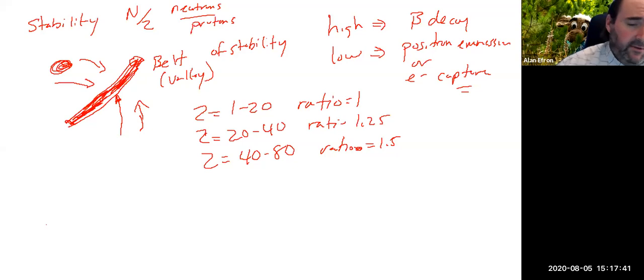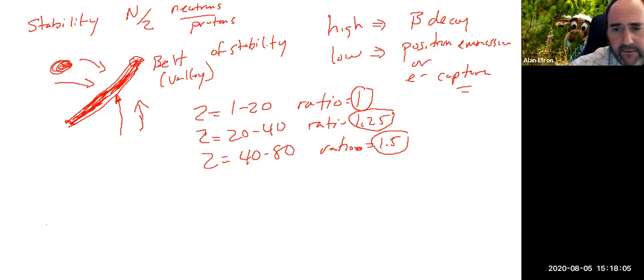We will still use these cutoffs like we talked about as pretty much hard cutoffs. So if it's between 1 to 20, it's either 1 or it's too high or too low. If it's 1.25, it's either too high or too low. Or if it's 1.5, then again, it will be either too high or too low.